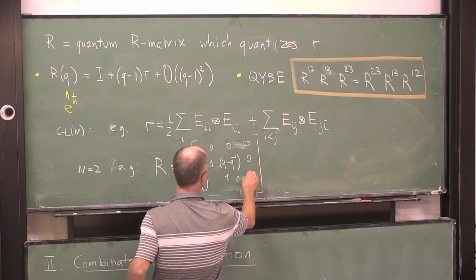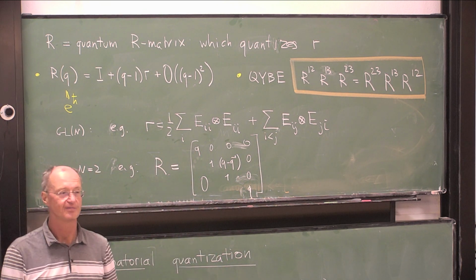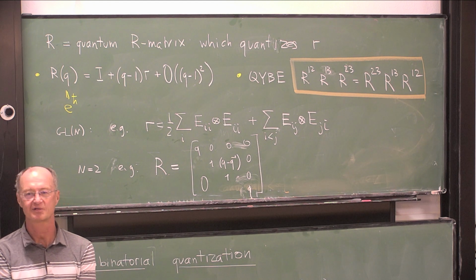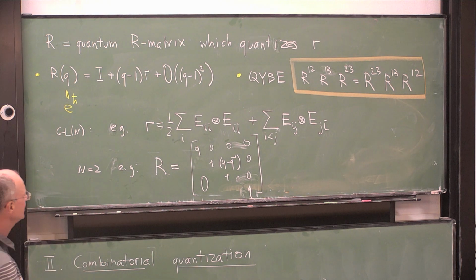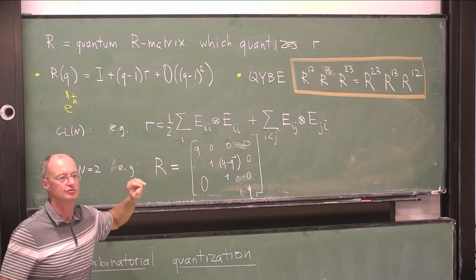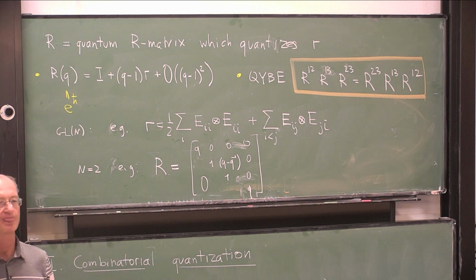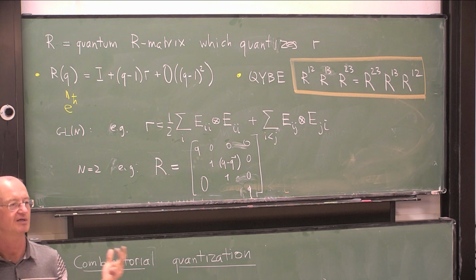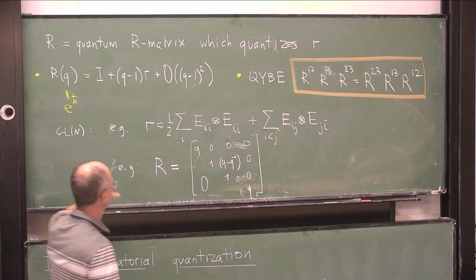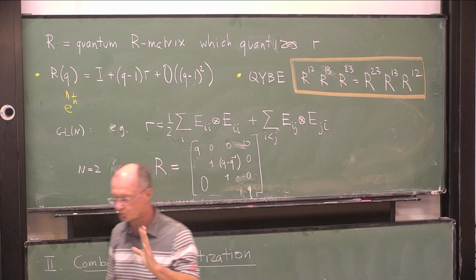I copied it from one of my old papers, and in that paper I certainly copied it from some classical papers on those R matrices. So that would be a quantization of the n equal to 2 case, and a very famous one which goes also into the six-vertex model or whatever it is. Right. So we assume that we have a gadget like that. So this is one big thing.